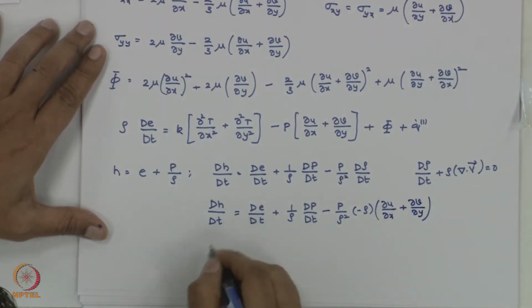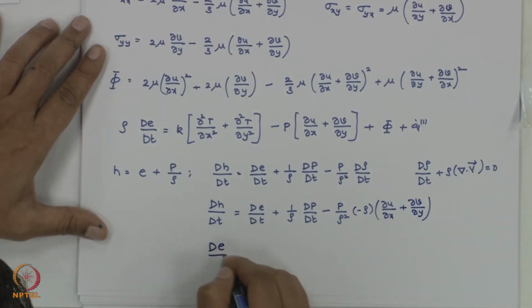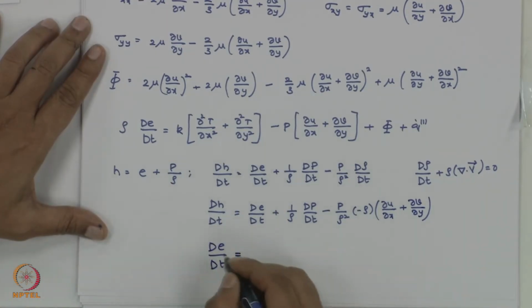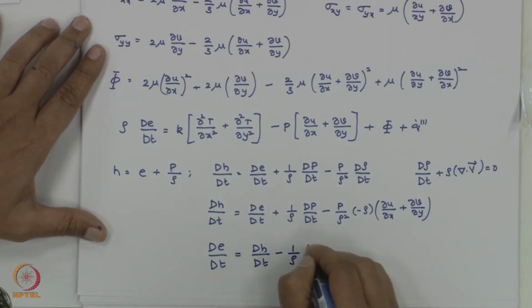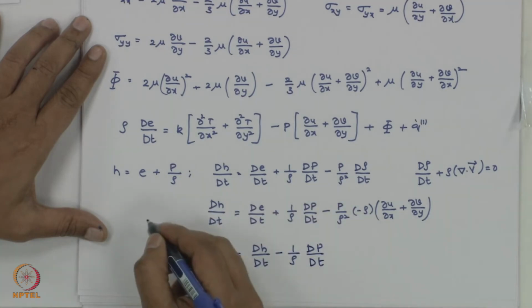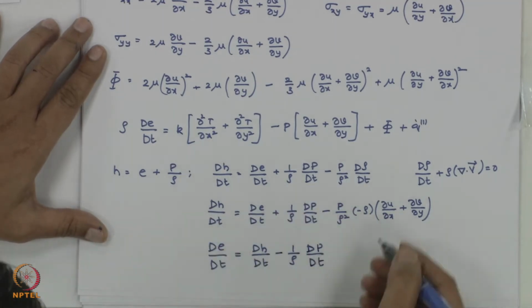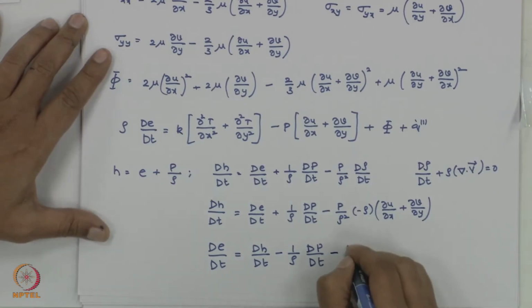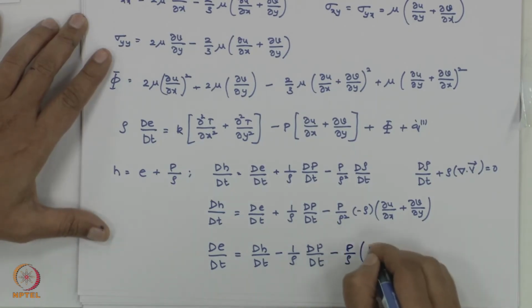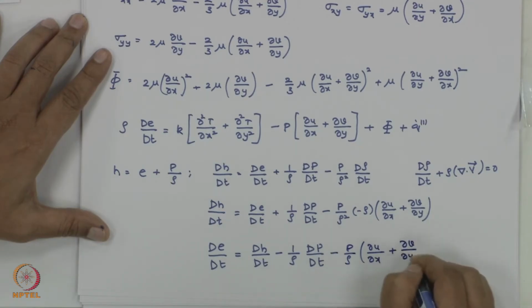So let me write directly for dE by dt: dE by dt equal to dH by dt minus 1 by rho dP by dt, and the right hand side is minus of P by rho (del u by del x plus del v by del y).